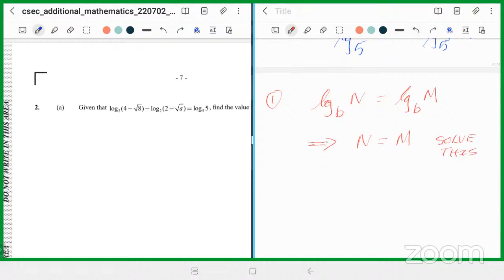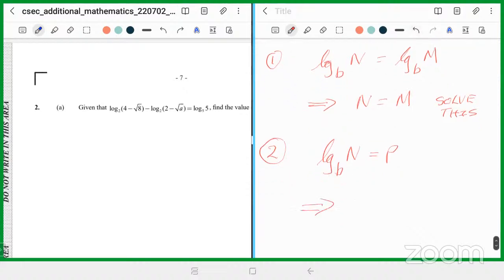The other thing that you might want to do when you're solving a logs equation is reduce it to this: log to a base of a number equals a power. You want to reduce your equation to look something like that. And then this would imply that the number is equal to the base raised to that power.